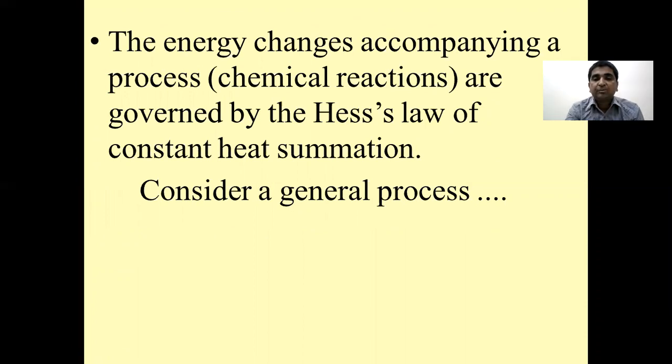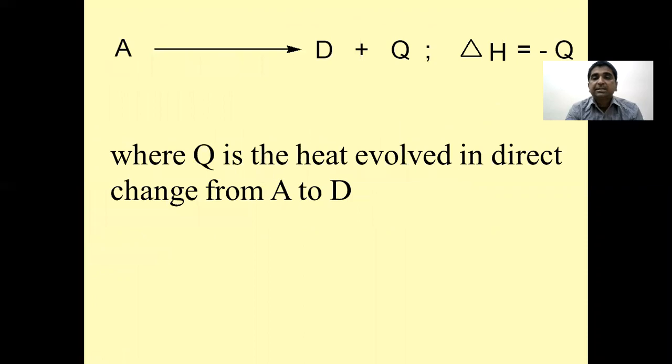Now, for understanding of this Hess's law, let us consider a general reaction where reactant A is getting converted into product D, and at that time Q amount of heat is evolved. So in thermochemistry, we write delta H is equal to minus Q, say the unit may be kilocalories per mole or calories per mole.